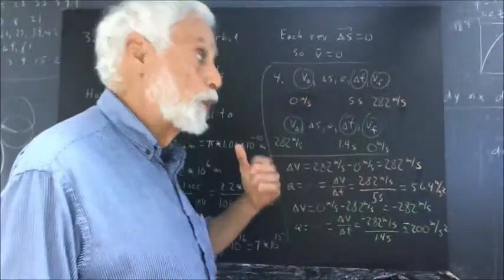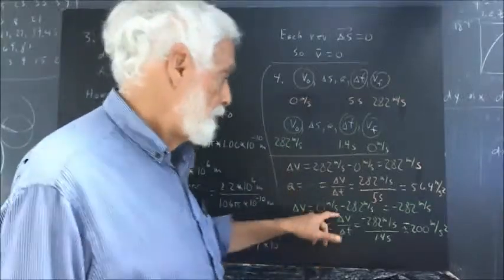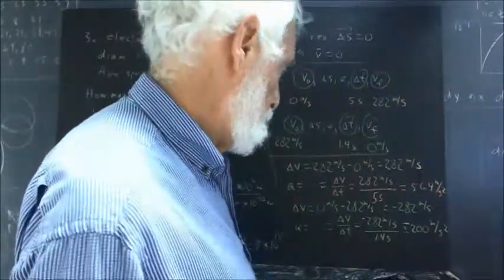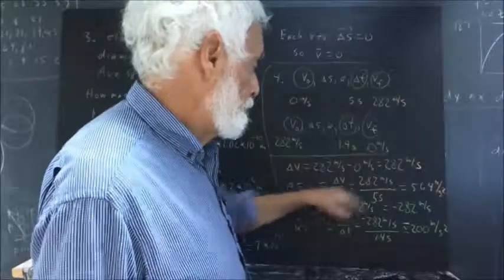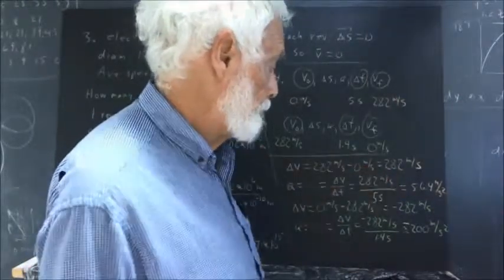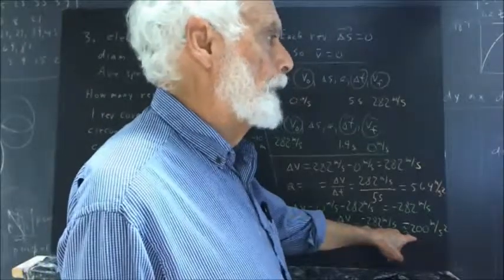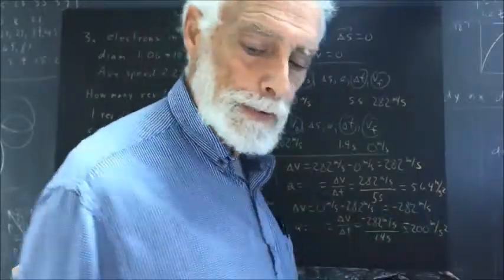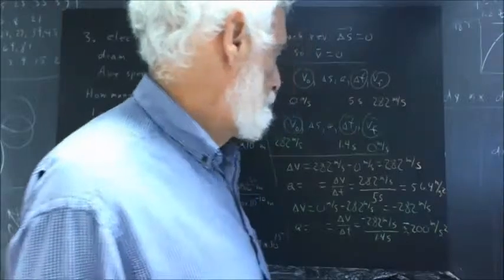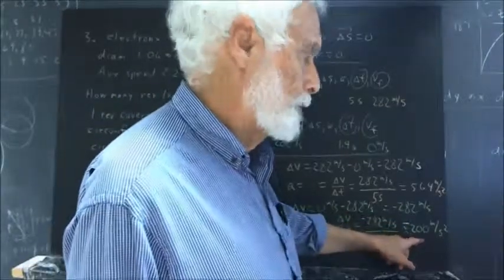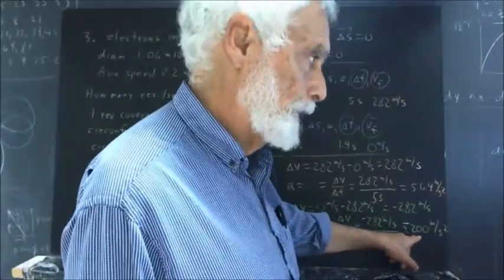The rate of change, the words are the definition. This is what we get from the definition. Anyhow, delta V is negative 282 meters per second divided by 1.4 seconds gives us approximately 200 meters per second squared. Now, it was requested that you express this in G's.